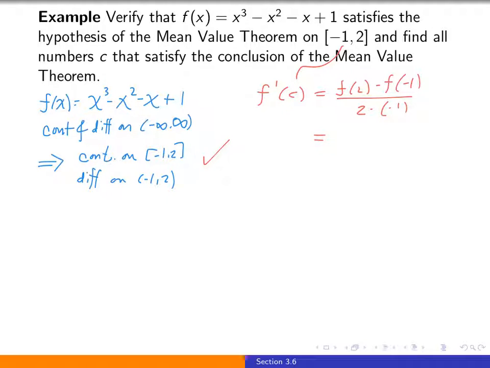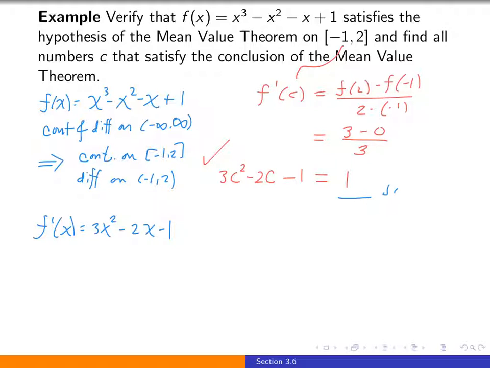So f of 2 is 3, f of -1 is 0, 2 minus a -1 is a 3. So we need to know where f prime is equal to 1. So let's find f prime of x. Just differentiating term by term with the power rule, 3x squared minus 2x minus 1. So we need f prime of c, which would be 3c squared minus 2c minus 1, to equal 1.